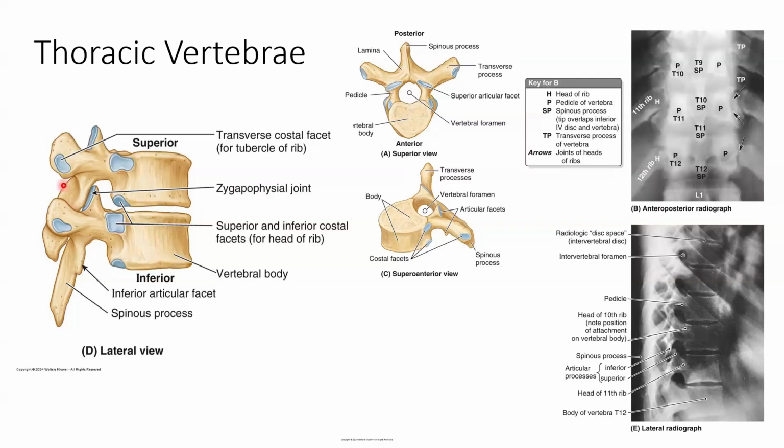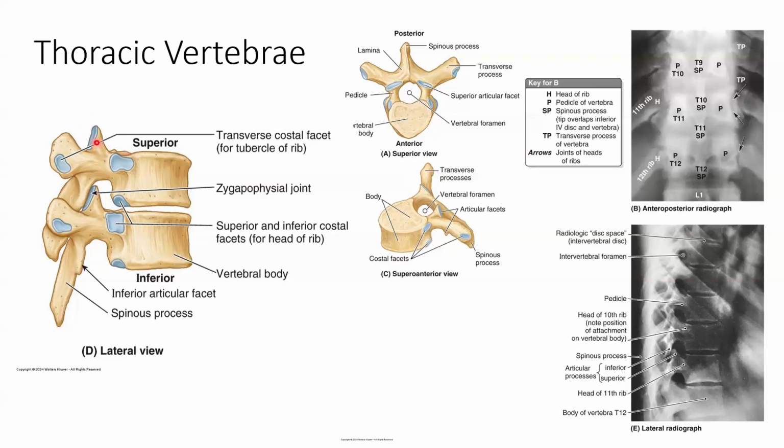So if you're looking to mobilize T4, for example, you often want to go and count to T3. That downsloping spinous process is overlying the one below it, and then you can mobilize as you wish. So, long downsloping spinous processes overlapping the inferior vertebral body.